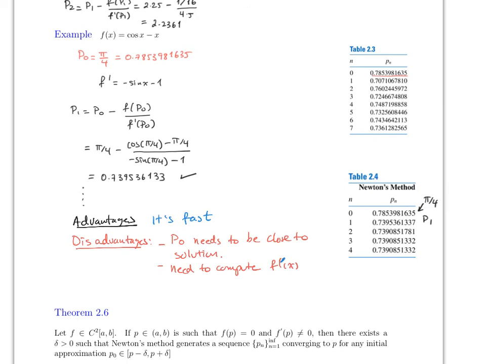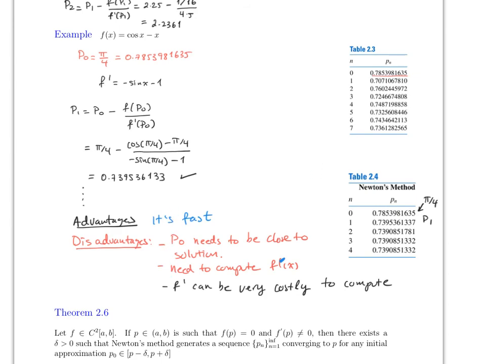And this is actually a huge disadvantage because you may not have it, and if you want to compute this, f prime can be very costly, and costly in numerical analysis means that it takes a lot of computation time. Because of this, Newton's method is not very efficient in that sense. If you don't have the derivative, you have to first approximate the derivative, and that's going to create issues because now you're using an approximation to approximate something else.